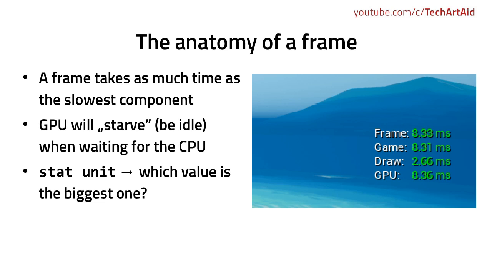That's why the cost of a frame, the time it takes to show a frame, is the bigger number of either the CPU or the GPU. If the GPU finishes first, then it will wait for the CPU to dispatch new commands for the GPU. While if the GPU is taking too long, the CPU has to wait for it. If you press tilde and enter stat unit, you will be shown these values you can see here.